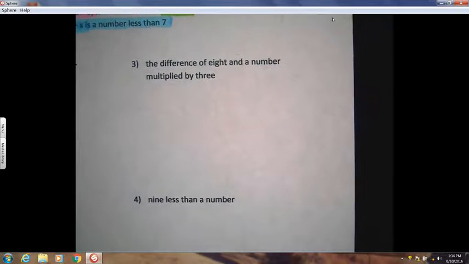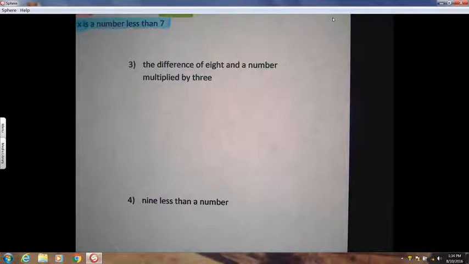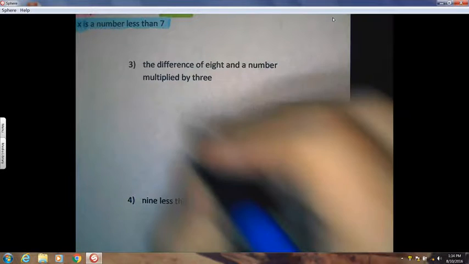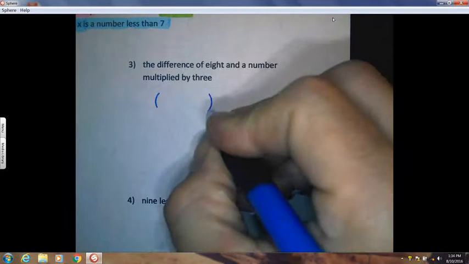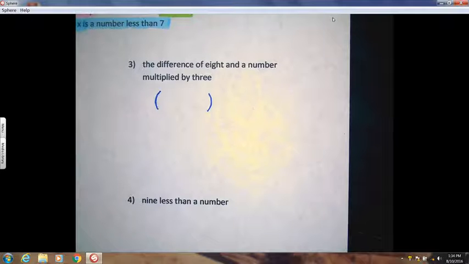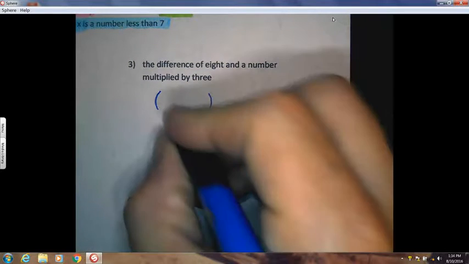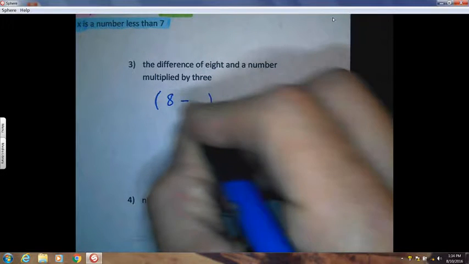Number 3. The difference of 8 and a number multiplied by 3. So once again, I see difference. So I know I'm probably going to put something in parentheses. So I'm going to go ahead and make my parentheses so I don't forget. The difference of 8 and a number. Difference is the answer to a subtraction problem.